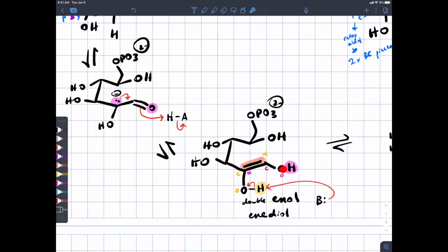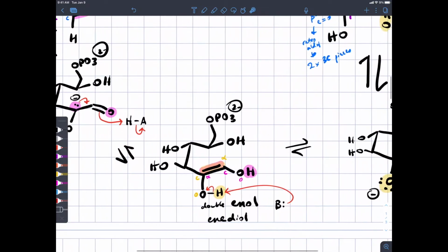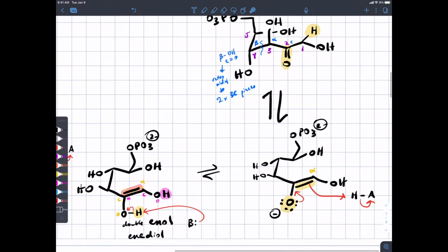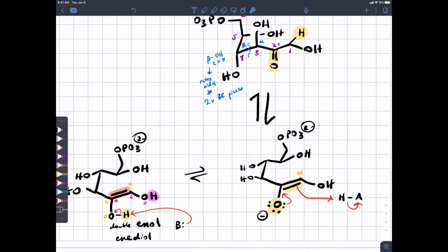We could treat this oxygen as the carbonyl oxygen, this is carbonyl carbon, and then this one as the alpha carbon. Or we could treat this oxygen as the carbonyl oxygen, here's carbonyl carbon, here's alpha carbon. So once we get to that ene diol intermediate, we've got a choice. We can go backwards, but if instead we remove a proton on the yellow oxygen, we get an enolate, and then we can protonate that enolate on the alpha carbon to get this ketone.